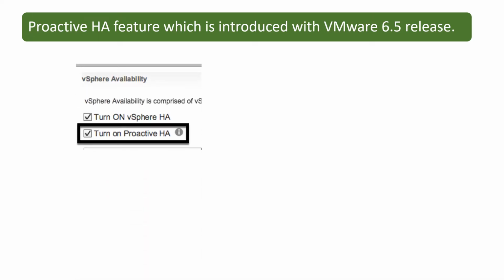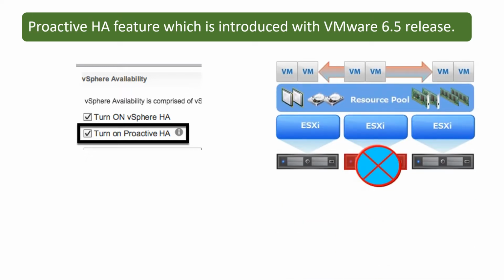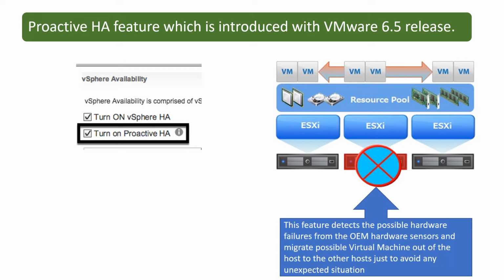So if you are using vSphere 6.5, if you go to the vSphere availability option, you can find one more additional option under Turn on vSphere HA, that is proactive HA. What this proactive HA will do is, during a hardware degradation, it will migrate the VMs using DRS to another ESX server.